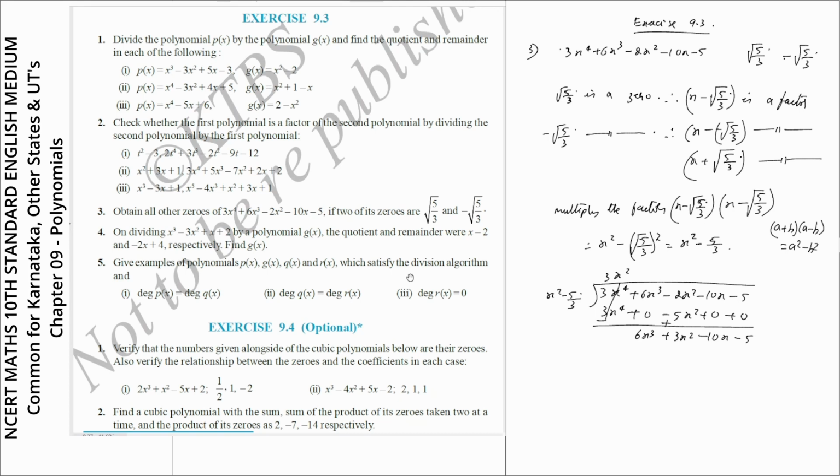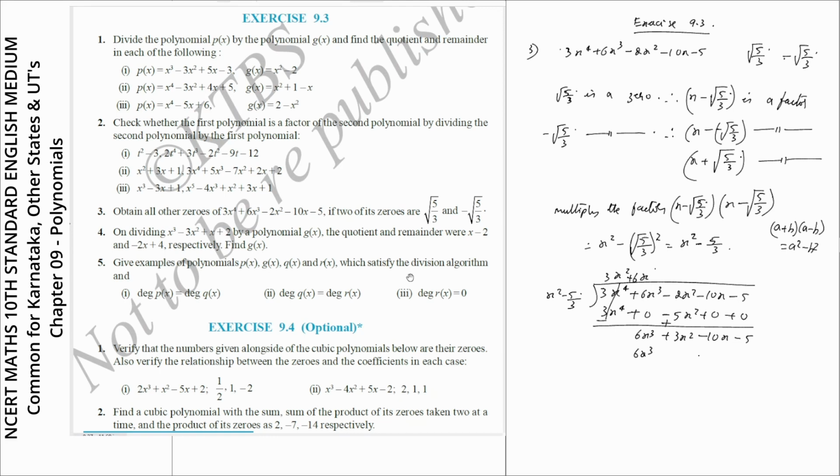Now again 6x cube is there, so I'll multiply by plus 6x. If I multiply, 6x into x square is 6x cube. Then 6x into minus 5 by 3: 3 1s are 3, 3 2s are 6, 2 5s are 10.